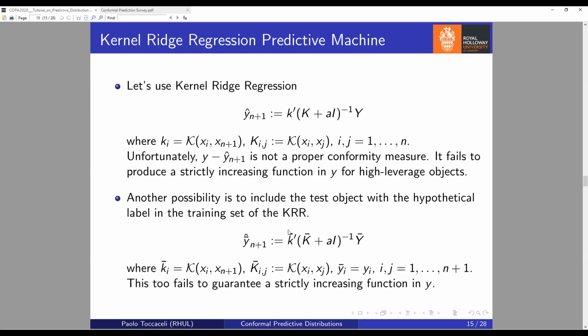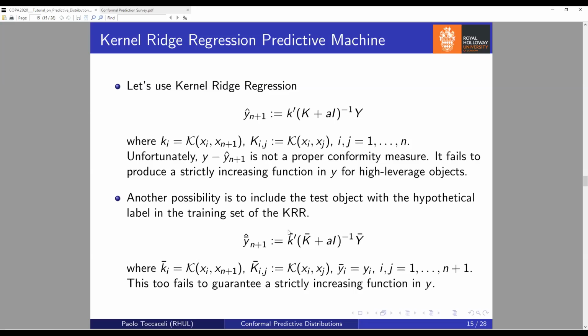So up to now, I defined what predictive distributions are. We talked about the framework of conformal predictive distribution, but I haven't said anything about how to go about constructing one, really. So let's consider now the kernel ridge regression predictive machine.